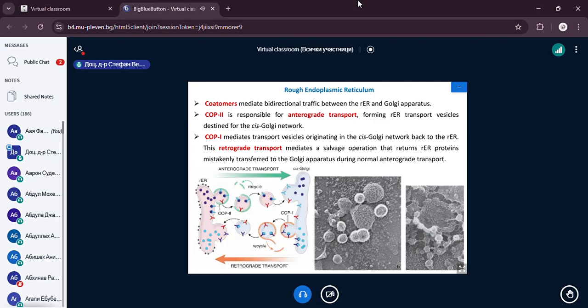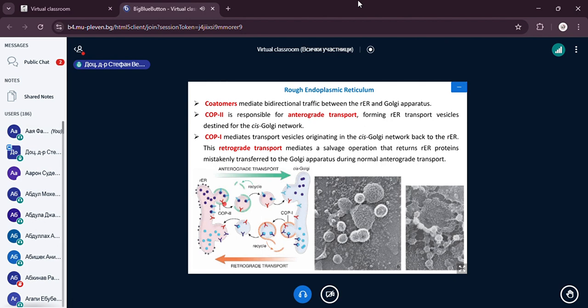We'll discuss transport vesicles next week, but briefly, there are 3 types of transport vesicles. One is coated on the outer surface with clathrin. The second type is coated with coatomer protein type 1, and the third type is a vesicle coated on the surface with coatomer type 2.